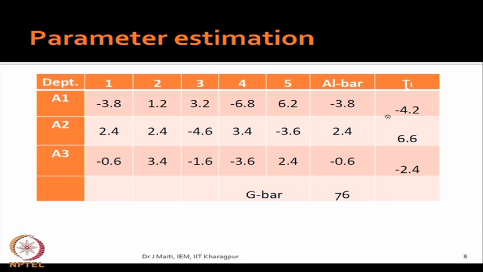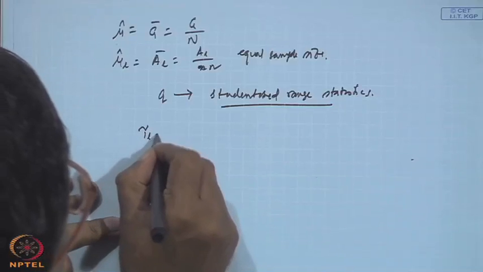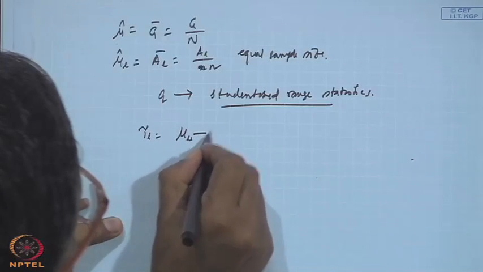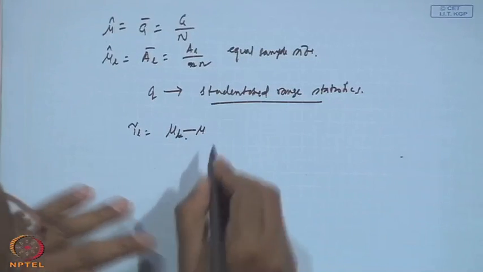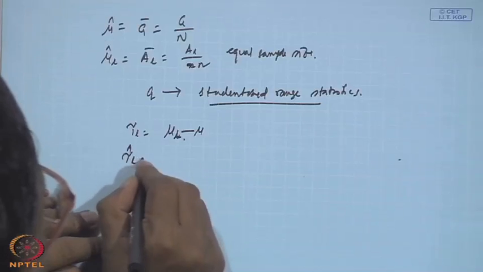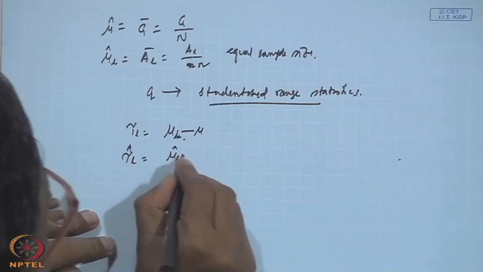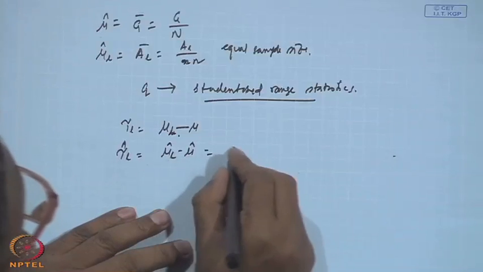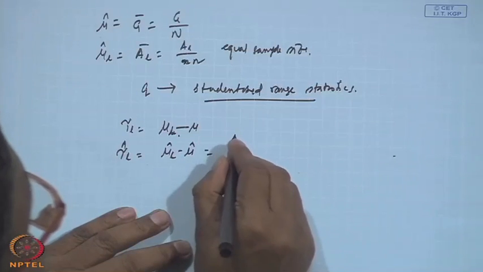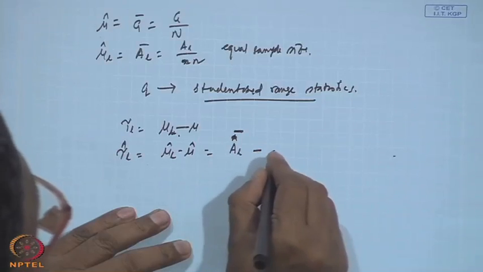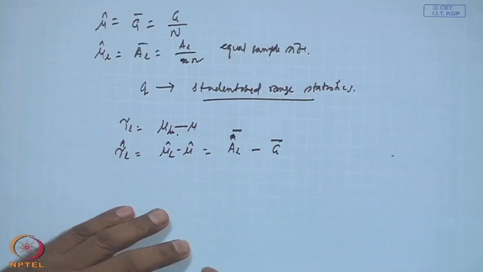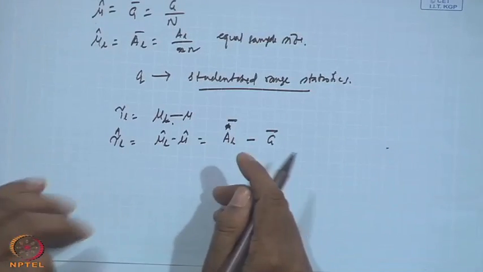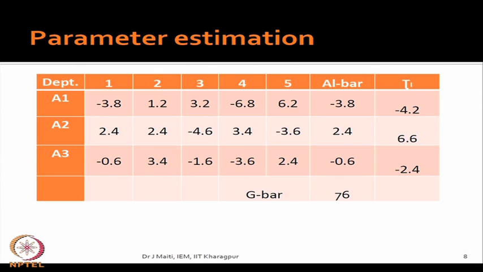What will be the tau L? Tau L is mu L minus mu. So, if I say tau L estimate is mu L estimate minus mu estimate, what is your tau L value here? AL bar minus G bar. So, we know all those values. Now, what is your AL bar?